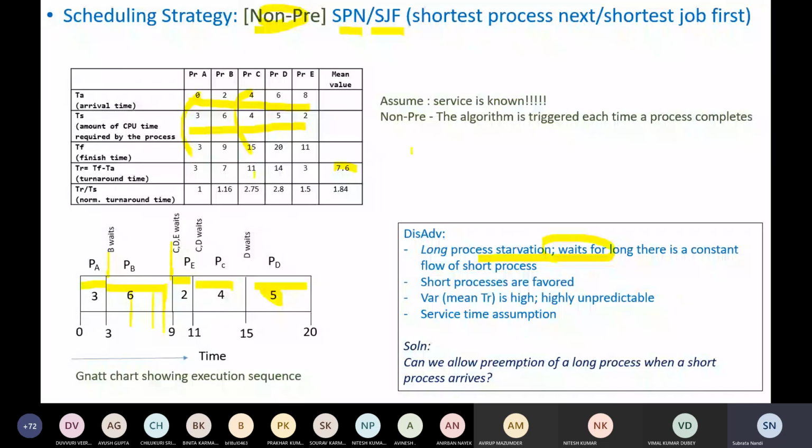So the solution is, if we can allow preemption, then at least the short processes will not have to starve or will not have to wait too long. It requires small CPU, so it should not wait too long. So the immediate modification can be the preemptive version of this.